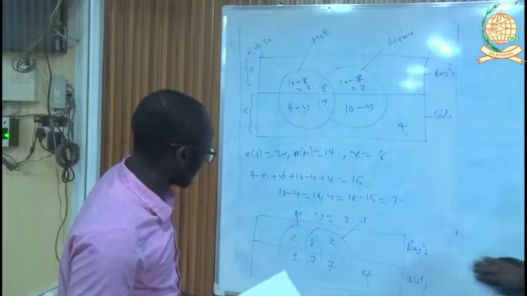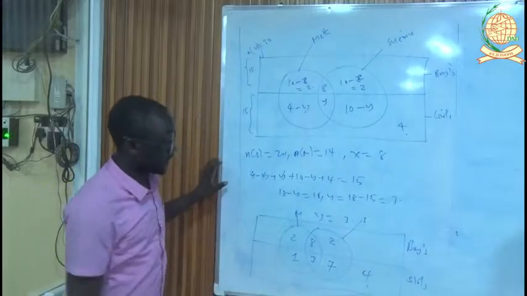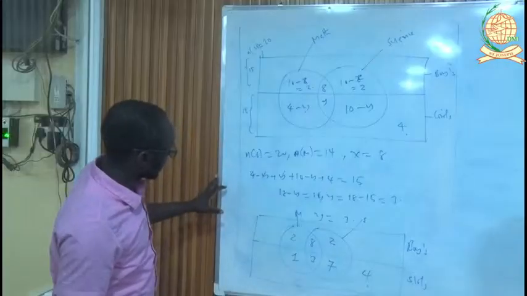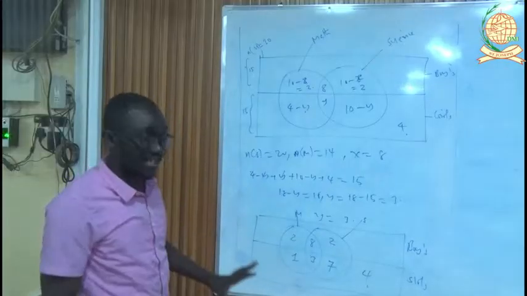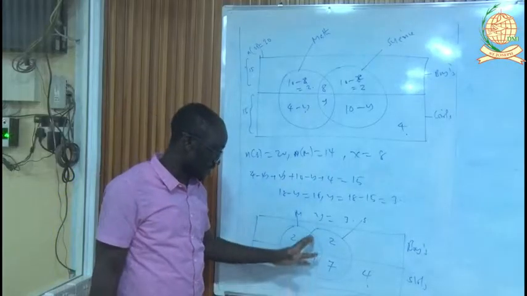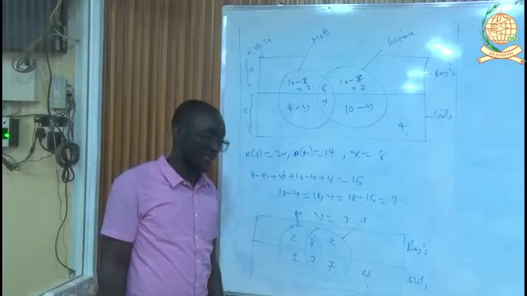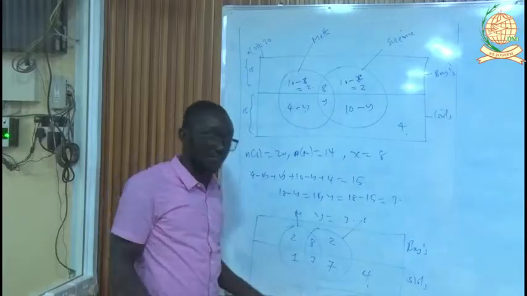Okay, so I'm sorry for the interruption. The question asks for the number of pupils who are taking both science and math, which is the intersection, 8 and 3.